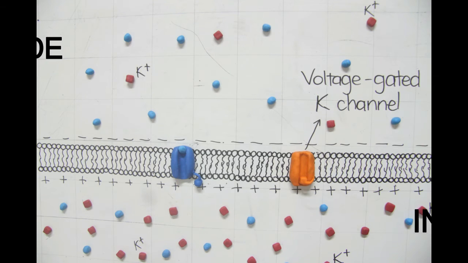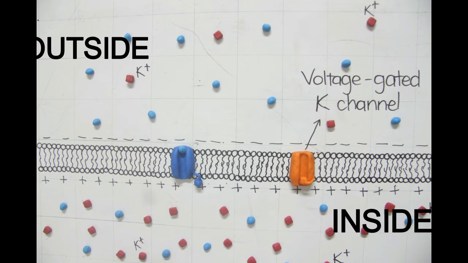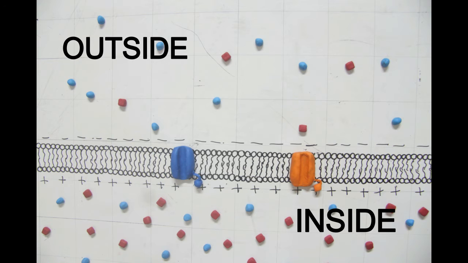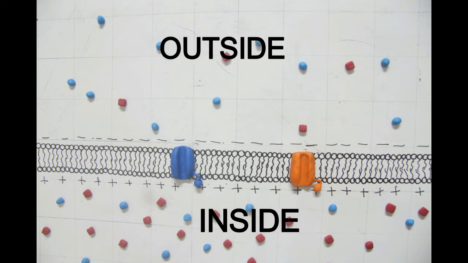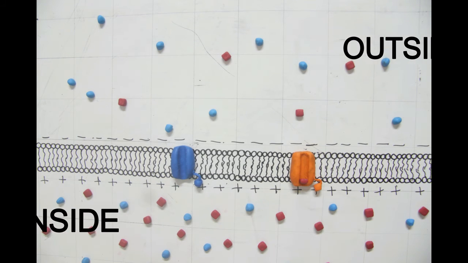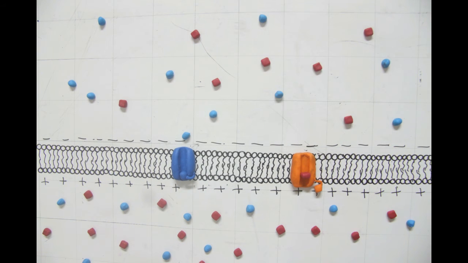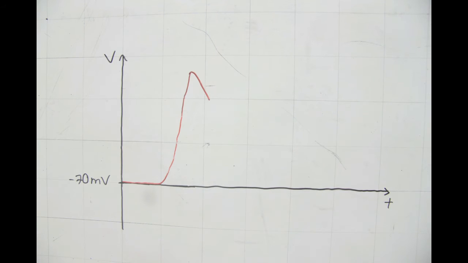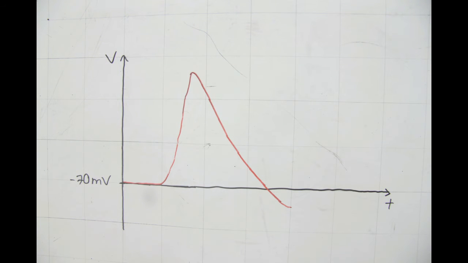After about a millisecond, the voltage-gated potassium channels open. In contrast to sodium, potassium ions are more concentrated on the inside of the neuron. Thus, potassium ions flow outward. Additionally, the voltage-gated sodium channels close, so the membrane potential becomes much more negative, even more than the resting potential at the beginning.